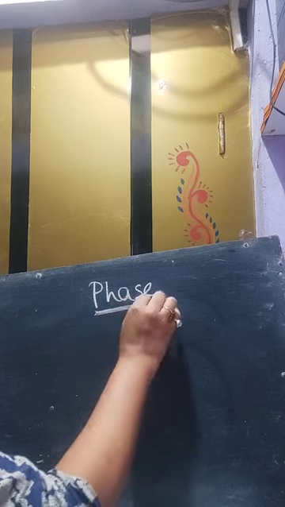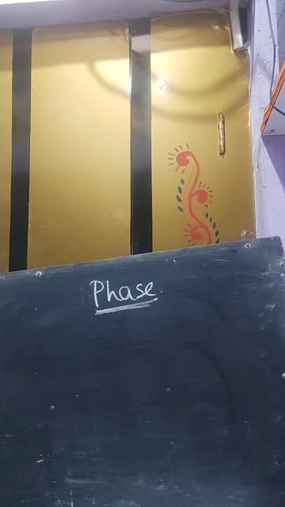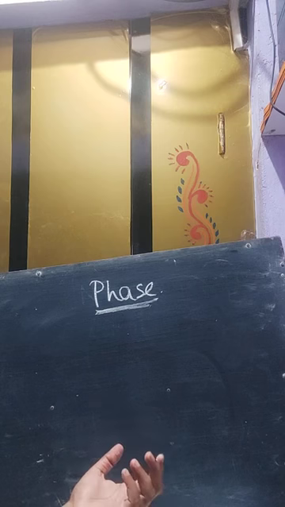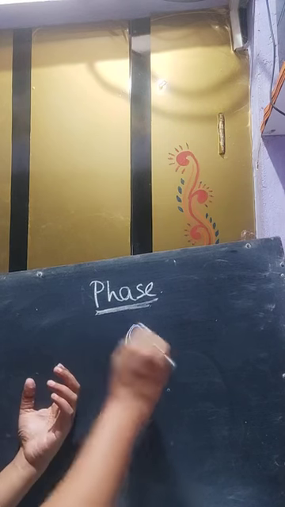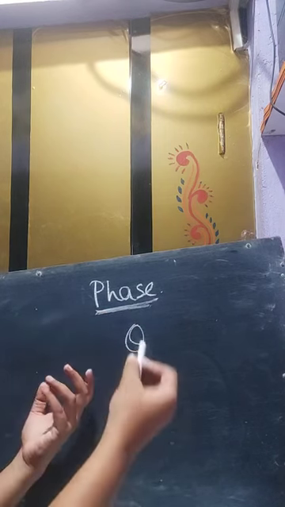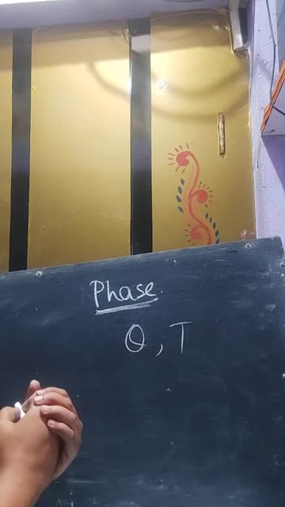The phase of a vibrating particle at any instant expresses the position and direction of motion of the particle at that instant. So, phase is nothing but the position and direction of a particle at that instant. The phase is expressed either in terms of angle theta or in terms of periodic time, that is T.